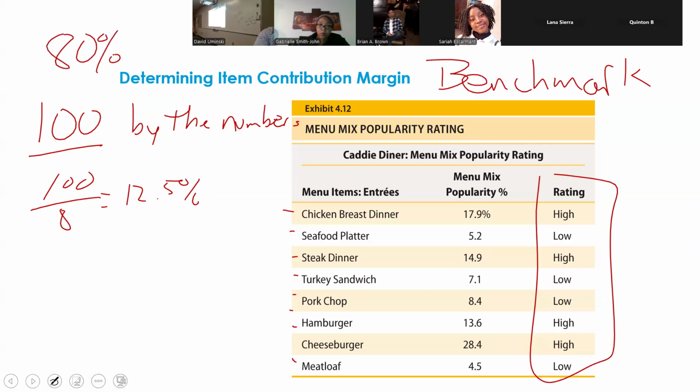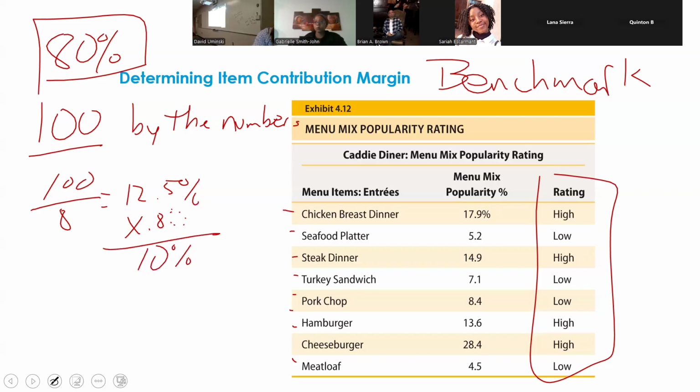Now, in my assignments, I will always give you that factor. In your own business, you have to decide what that factor is. When we multiply this by 0.80, we get 10%. This is my benchmark. This is what I'm going to compare all of my percentages to in order to figure out if it's high or low.